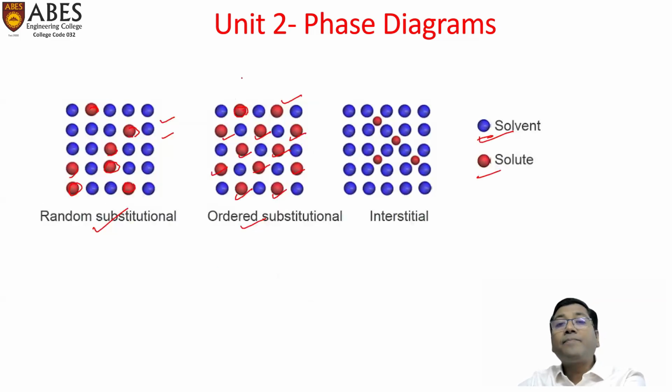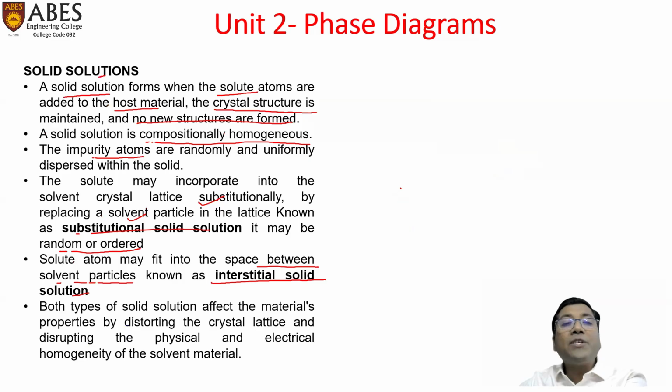Here, blue atoms are marked solvent, and red atoms are taking the interstitial positions in between the gaps. The entire crystal structure of the solvent, the blue one, would be maintained, and it would be compositionally homogeneous. So these are the conditions for calling it a solid solution.